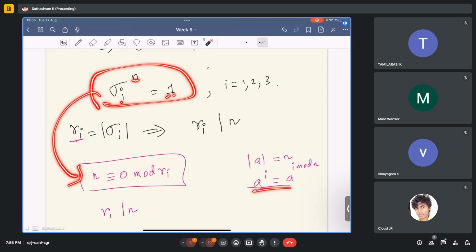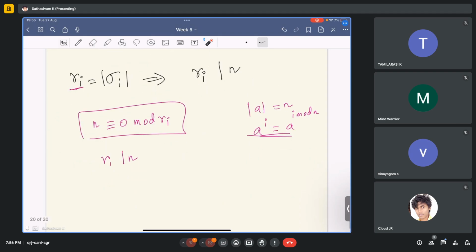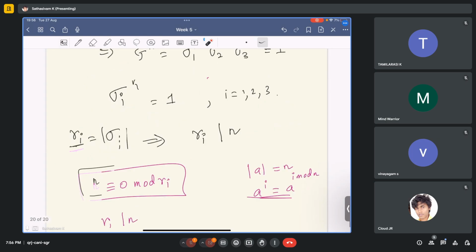That means you just use this property. So basically i mod n is equal to 0. So the i and n are different here. So this n and this n are different, but from here, if you observe, you will get this particular statement. Okay, so that tells you Ri divides n.